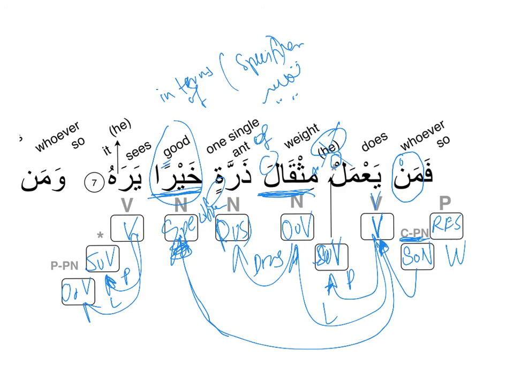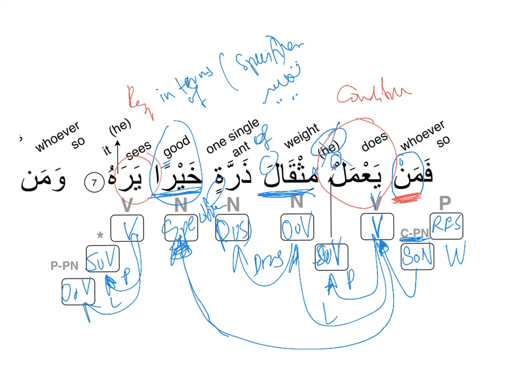So now in terms of conditional, okay, let's change to red. Remember, either you would have a conditional verb and then a response verb. Same with man. Okay, so when you have man, you have a conditional structure, and that conditional structure would have a conditional verb, in this case ya'mal, and then the second verb that comes after it would be yara.